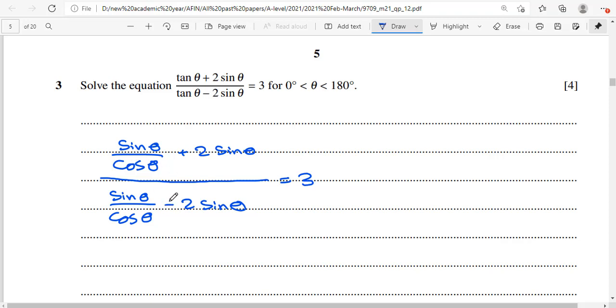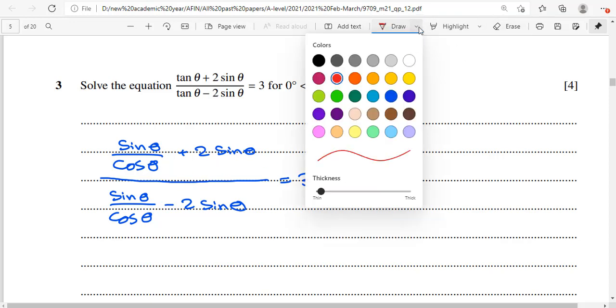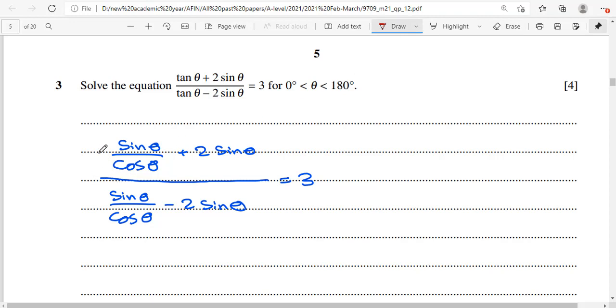In fractions, if there is a fraction in the numerator or denominator or in both of them, if you want to get rid of the denominator, it's totally fine to multiply by this denominator, cosine theta.